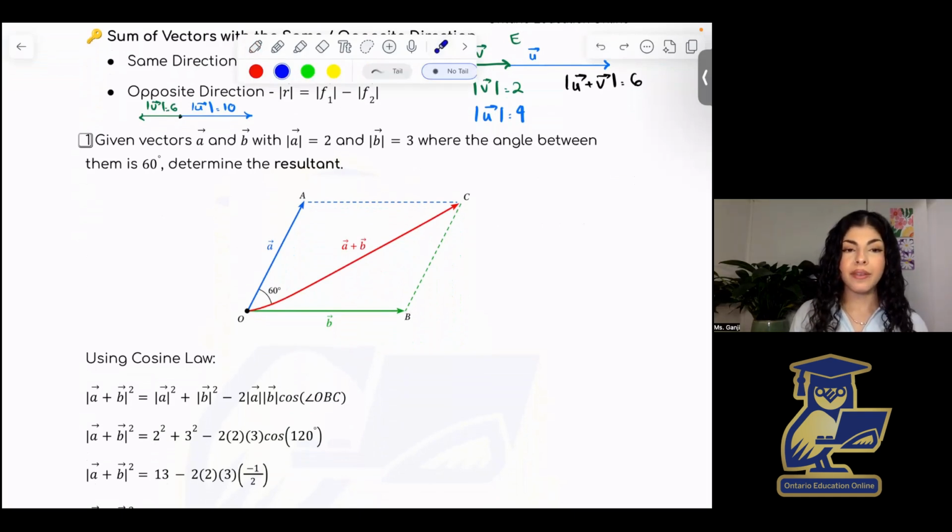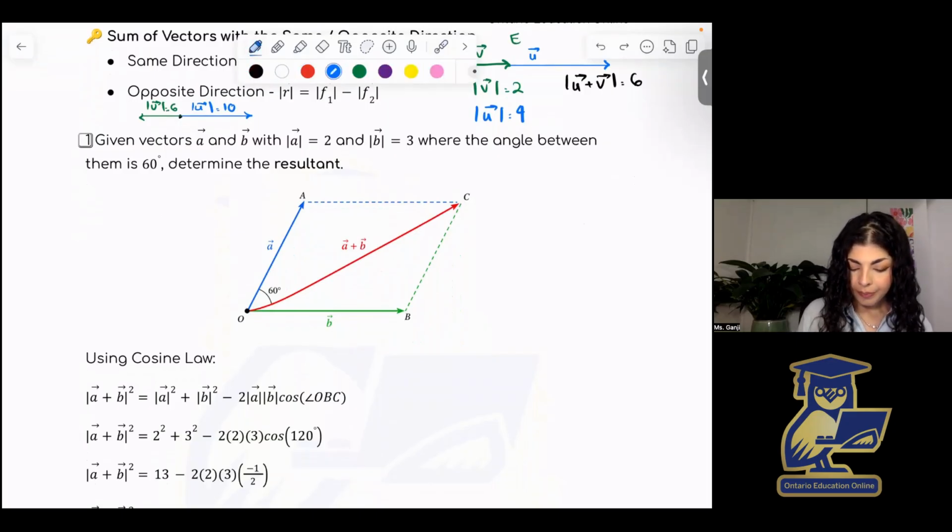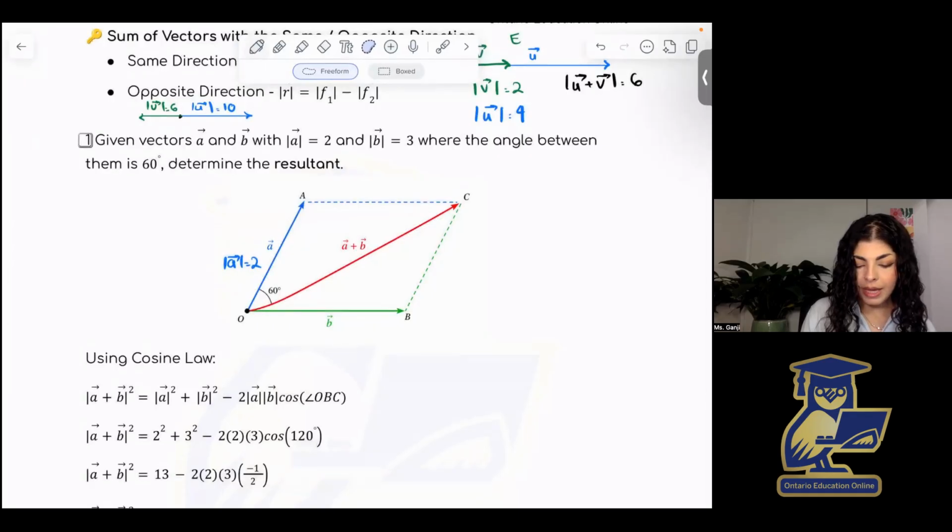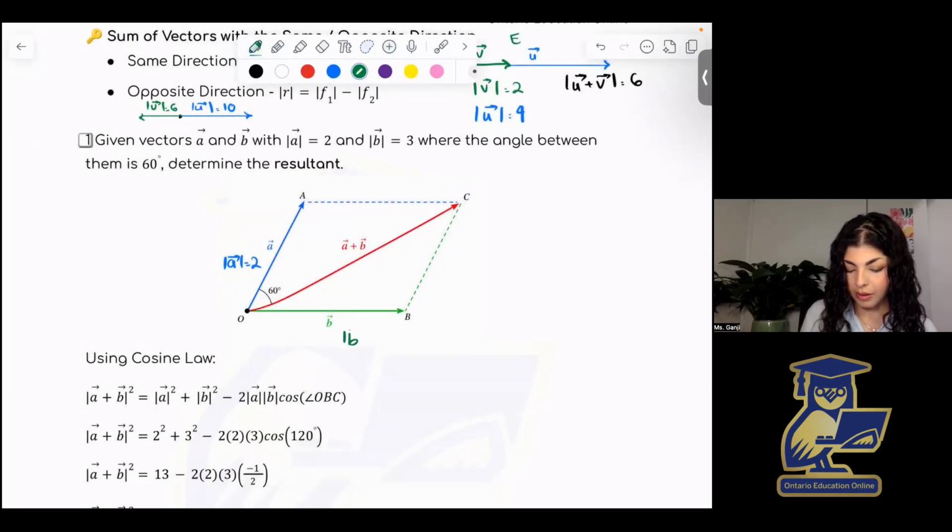So here we are given vectors A and B, and A has a magnitude of 2, and B has a magnitude of 3.